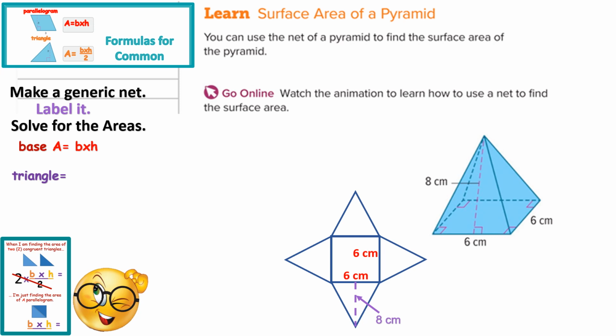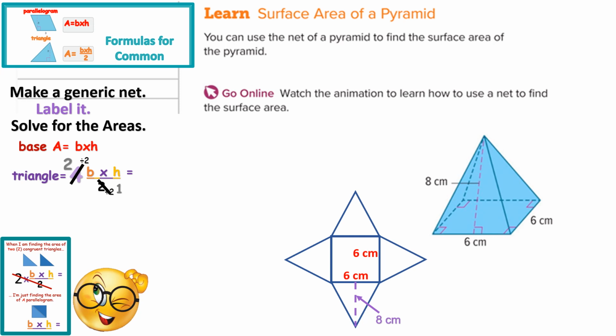So if canceling out with 2 triangles gives me a straight base times height, what do you think we'll do if I have 4 triangles? Well, if I would plug that in as base times height divided by 2, which is the area of a triangle, and I have 4 of those, I'm going to start by cross-reducing the 2 and the 4, because 2 will go into 2 one time, and 2 will go into 4 2 times.